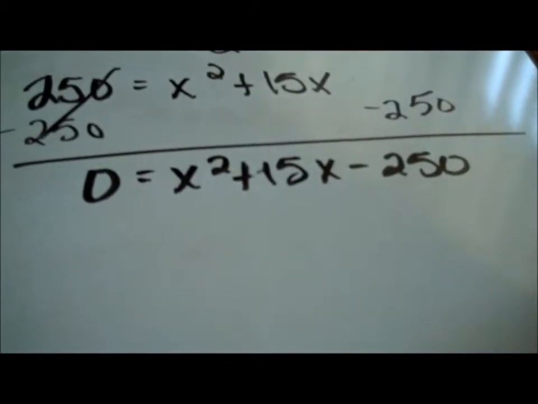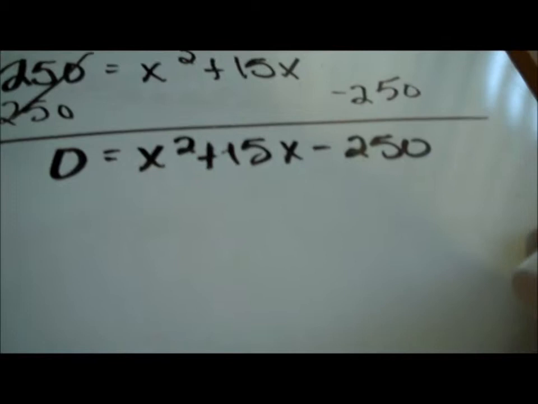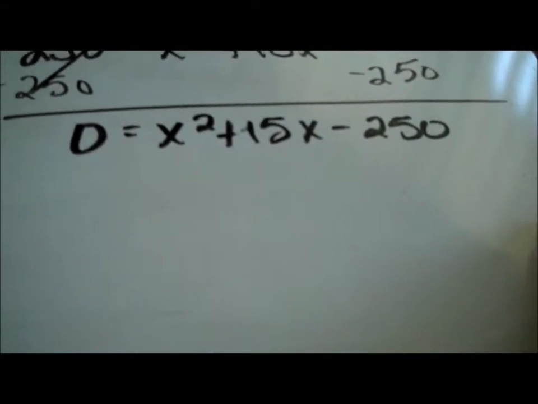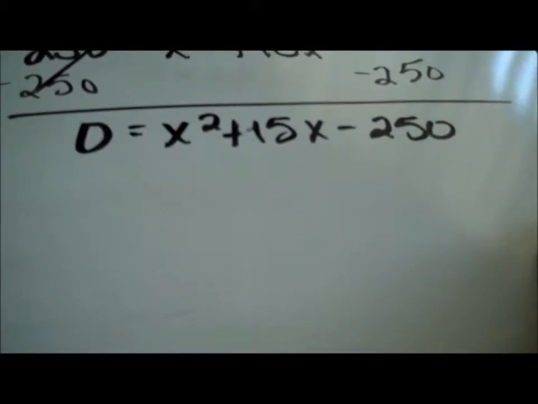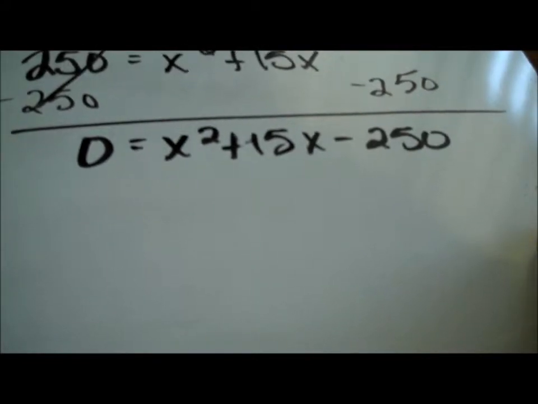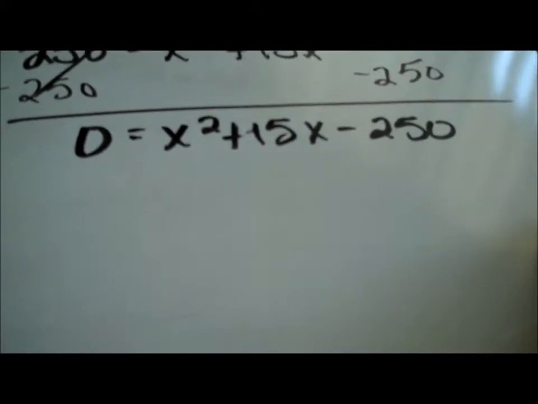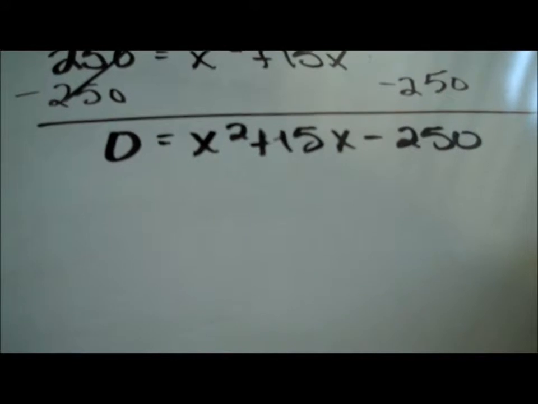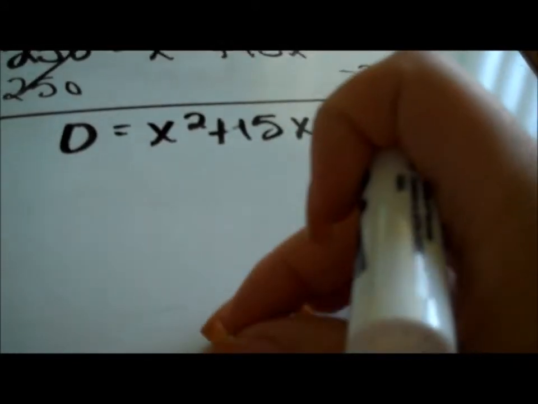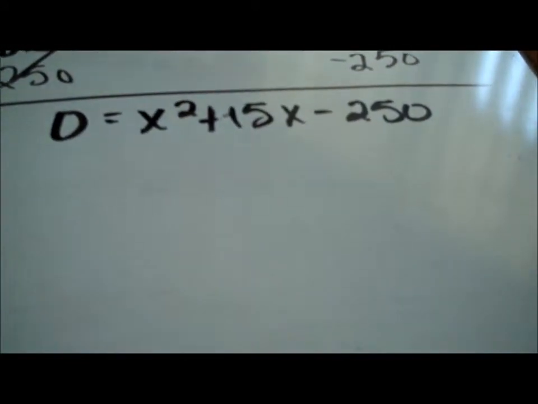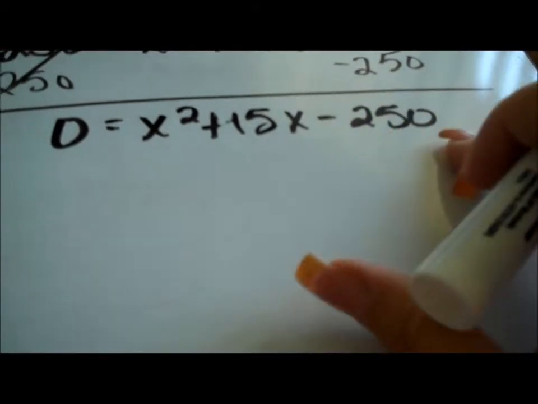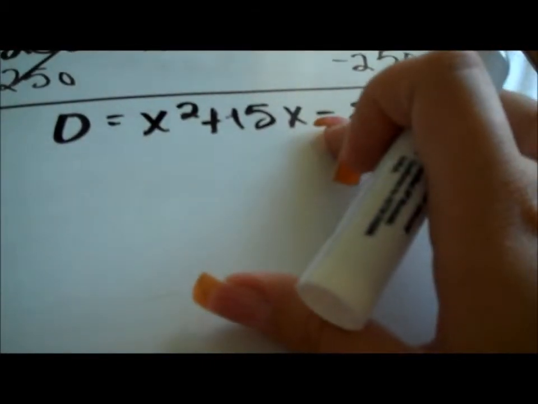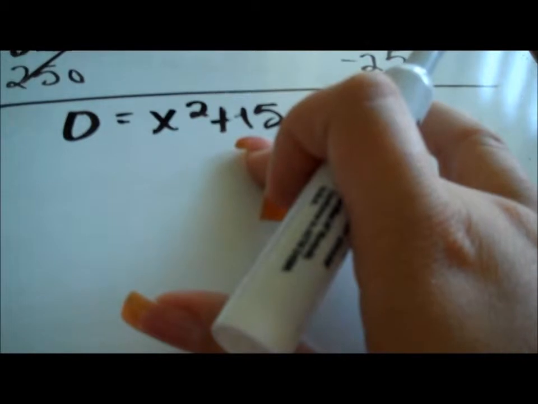Now again, you may think that 250 is a big number, but you need to use your divisibility rules. It is even, so 2 will work. It ends in a 0, so 5 or 10 will work. Okay, so we need to factor this. We need to find factors of 250 that subtract out to 15.